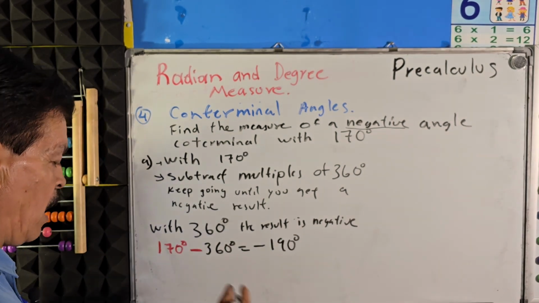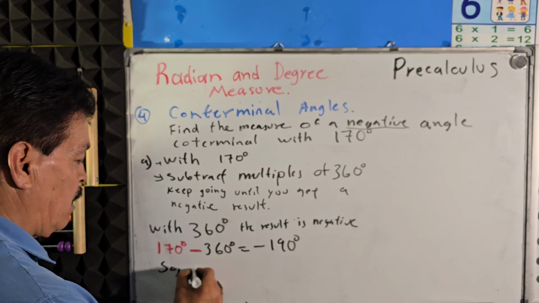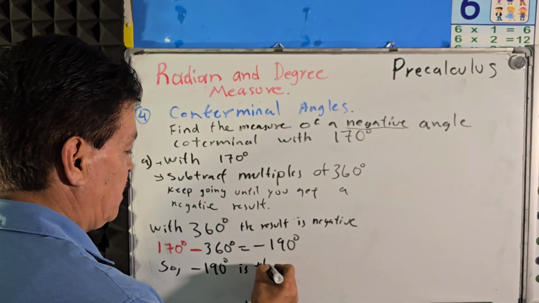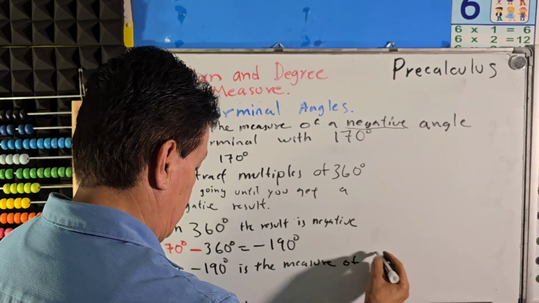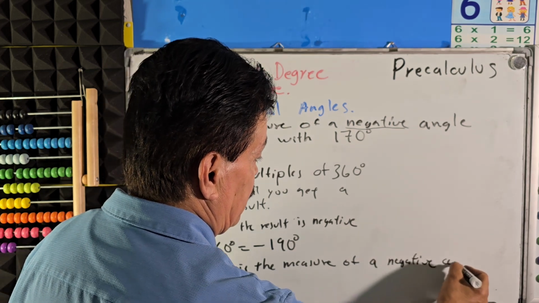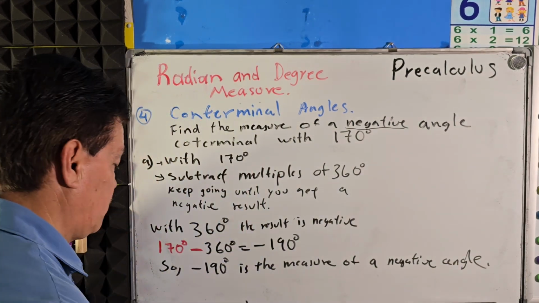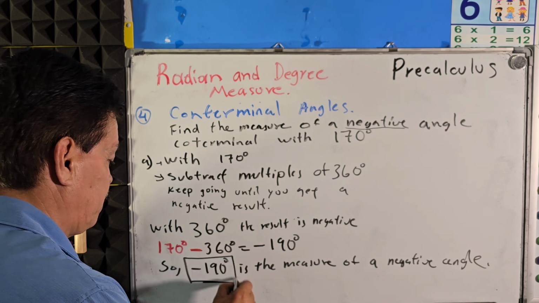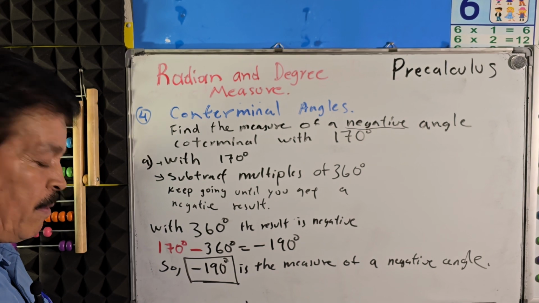So negative 190 degrees is the measure of the negative angle coterminal with 170 degrees. That's the answer to our problem.